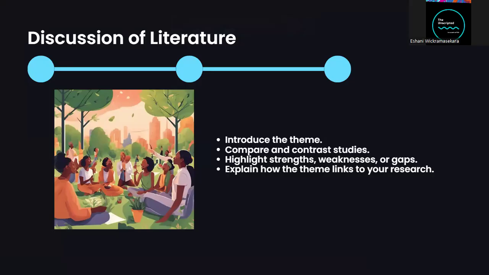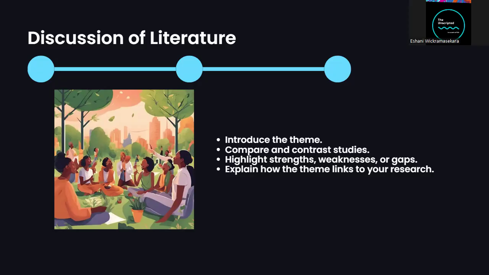That is not the proper way to write a literature review, right? You have to have a systematic way of writing. You have to identify the strengths and weaknesses of the different articles and their findings, and then explain why and how these findings influence your problem or your topic.